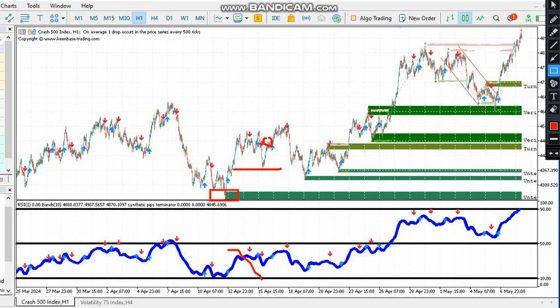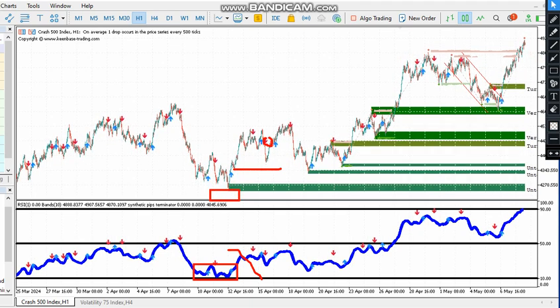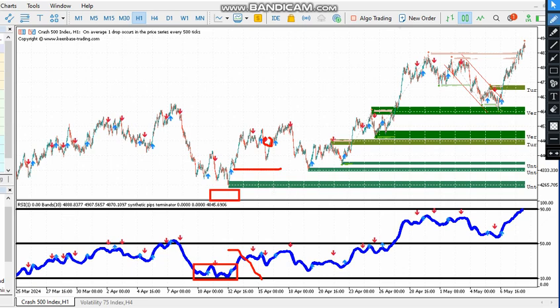As you can see right here, that was where the demand was created, and it coincides with this hitting our 10 line. So even if you chose to take that trade, your stops would have been right below here. Very tight stop loss.